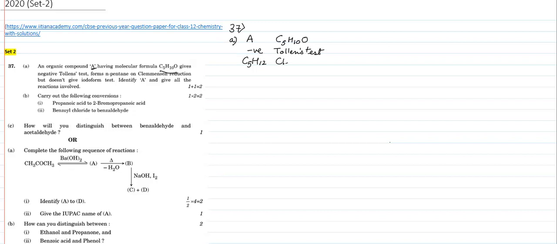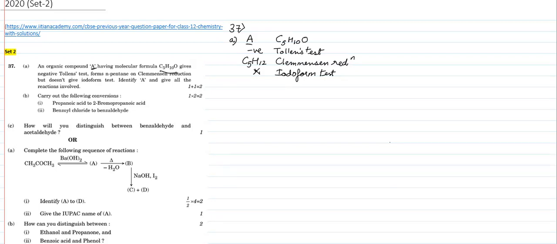And this is the product on Clemmensen reduction. But it does not undergo a chemical reaction, or it doesn't give us a positive iodoform test. So this is what has been given, and we need to figure out what this molecule A is.